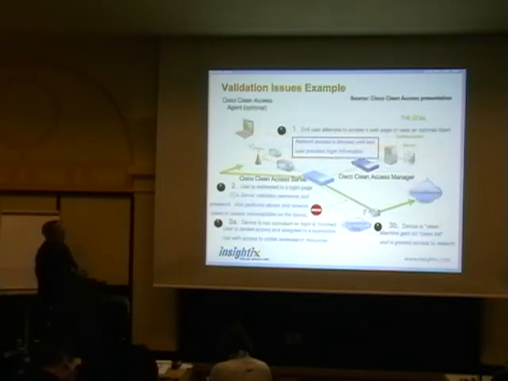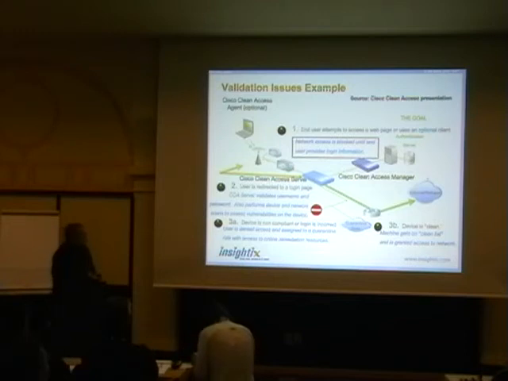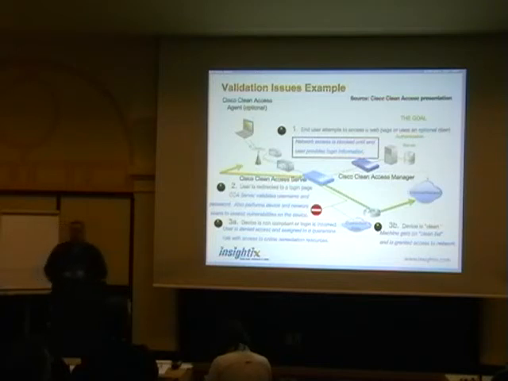Another example, same slide. You can read what is in the middle. Network access is blocked until the end user provides login information. There's no relation whatsoever to the endpoint here. Basically, you bring your device, you browse, you're presented with a nice captive portal telling you to download this agent.